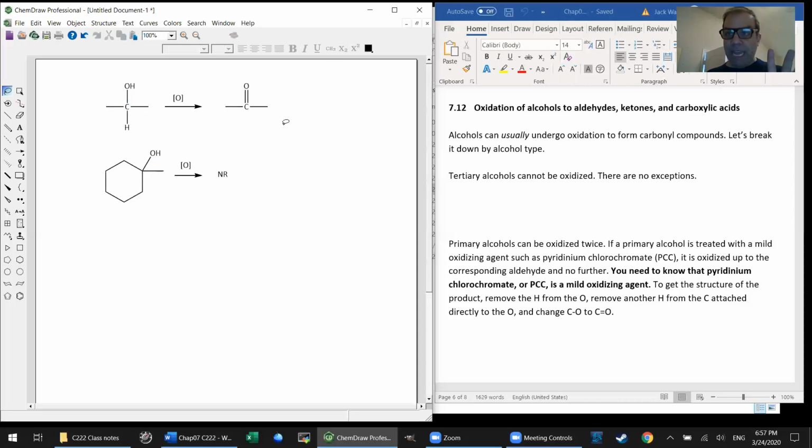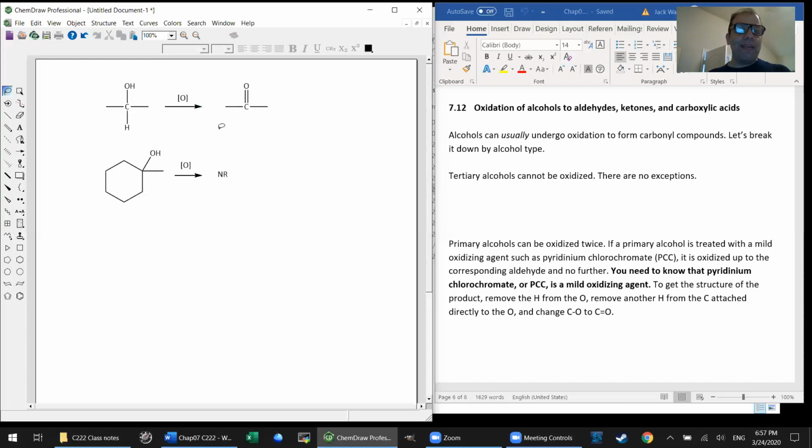If not, game over. The alcohol can't be oxidized. But the product of the reaction is going to have a carbonyl group, C double bond O, and that's an oxidation reaction. O in square brackets is kind of a generic shorthand for an oxidizing agent. It means some oxidizing agent is used here. We'll get into specifics later. And that's exactly what we're going to do.